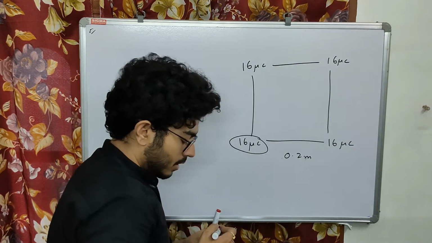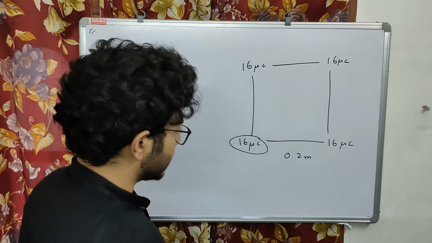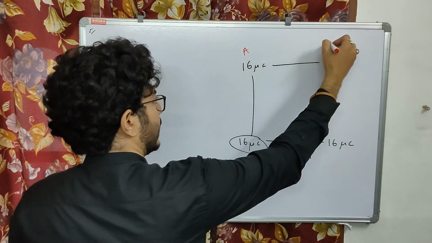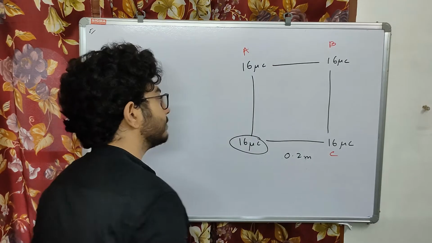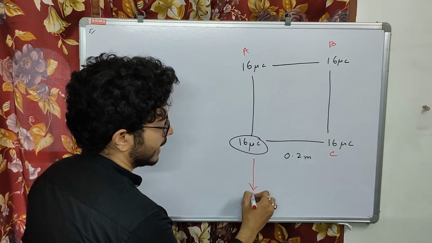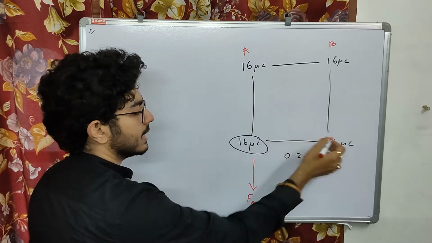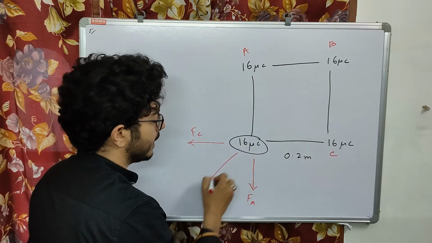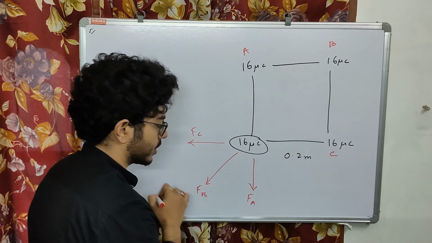See, first we need to understand this. Let us define these as A, B and C. So A will be applying force in this direction, C will be applying force in this direction, and B will be applying force in this direction.